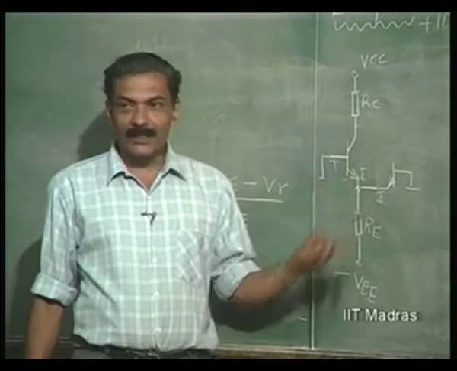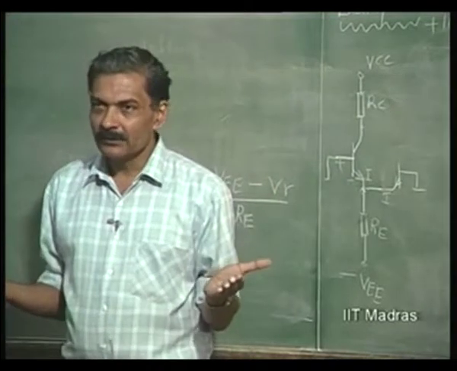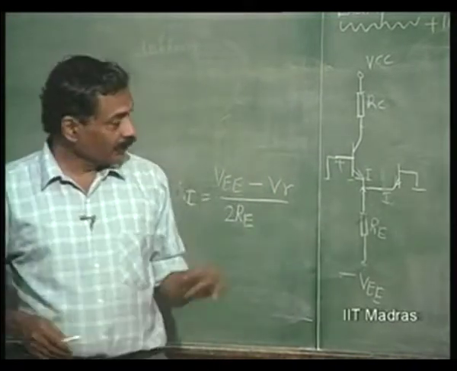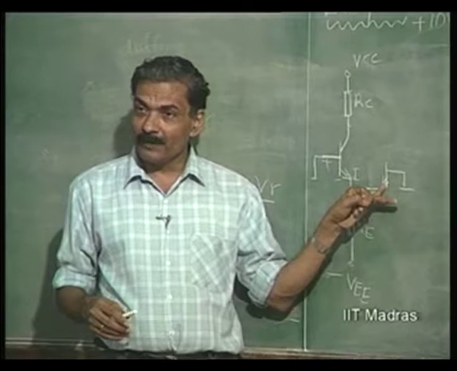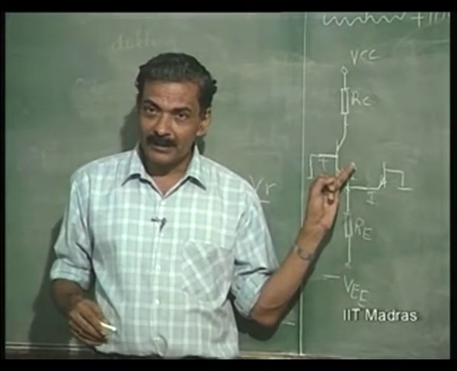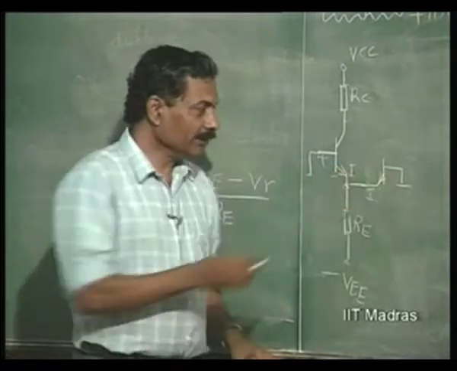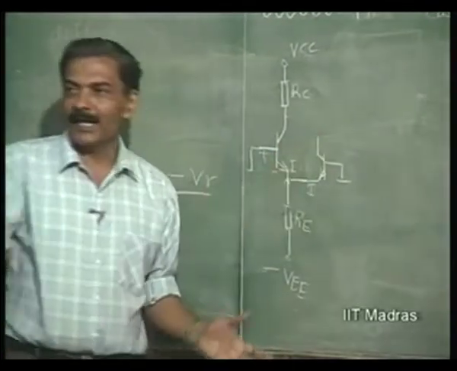Obviously, we want this current to be exactly identical at all times. Right? If such is the case, you should treat this fellow with as much respect as this fellow. What it means is that the collector voltage applied here is 0. I mean, the collector is kept hanging. Right?